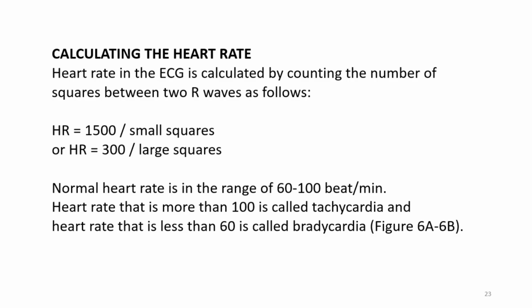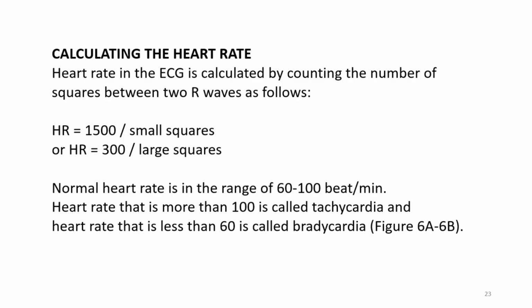So calculating the heart rate. Heart rate in the electrocardiogram is calculated by counting the number of squares between two R waves. If we use small squares, we count intervals between the R waves, and then we divide 1500 by this number to get heart rate.